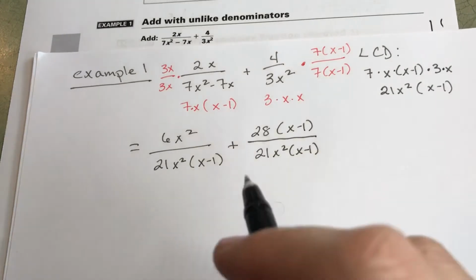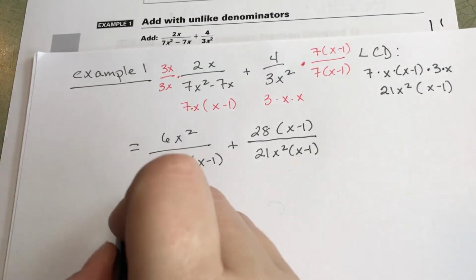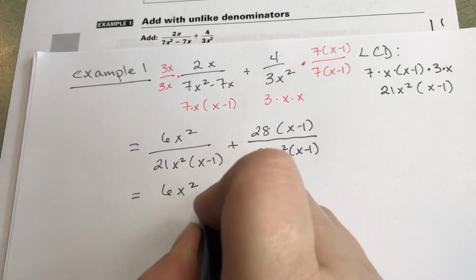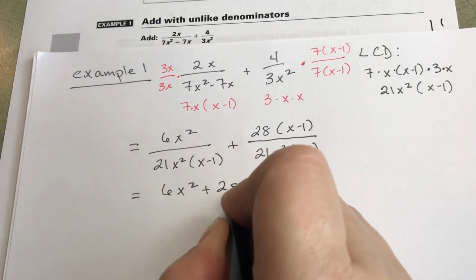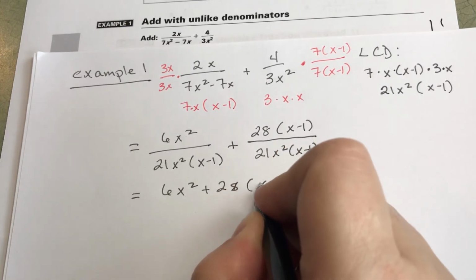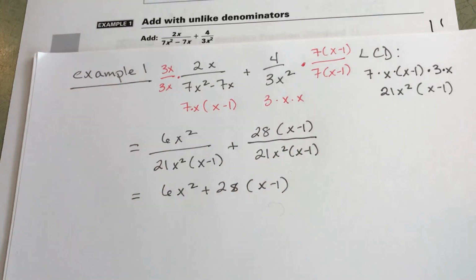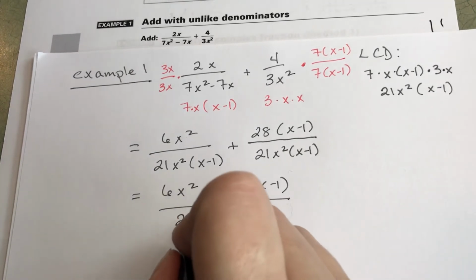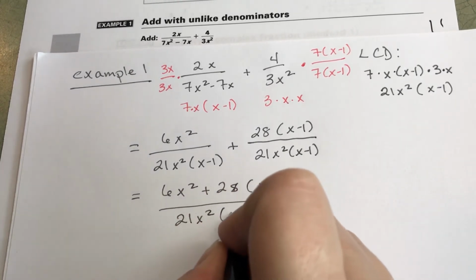Okay, so now I can add my fractions together. So I have 6x squared plus 28 times x minus 1 divided by 21x squared times x minus 1.